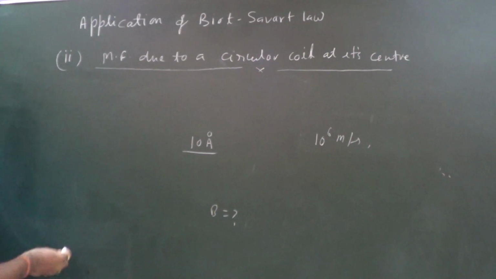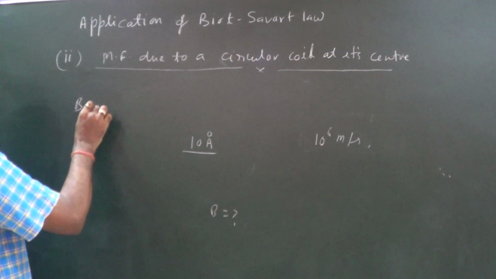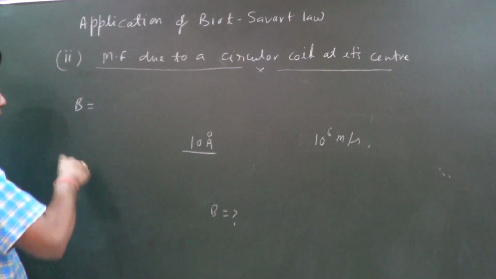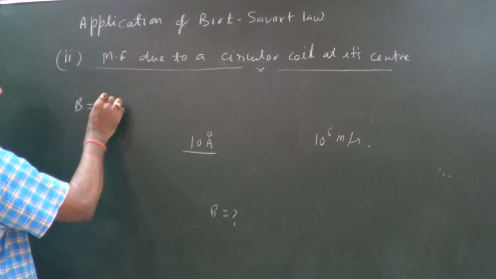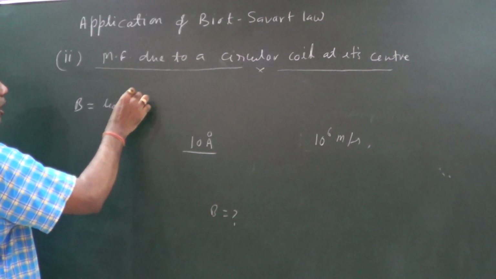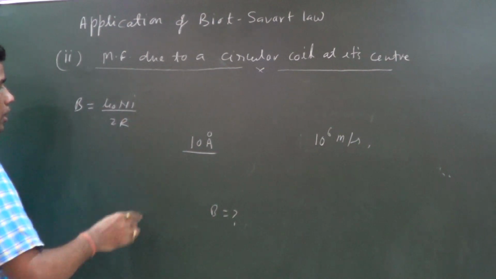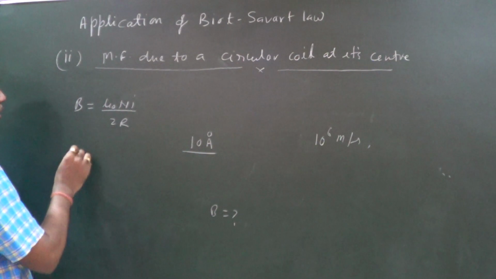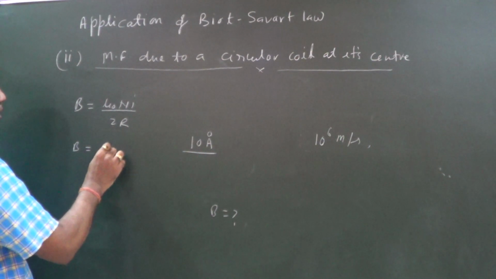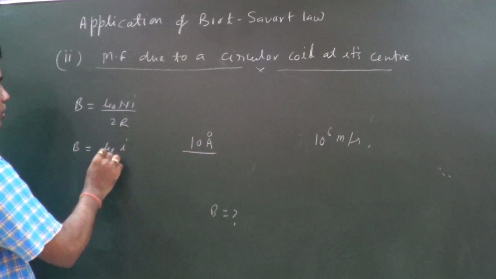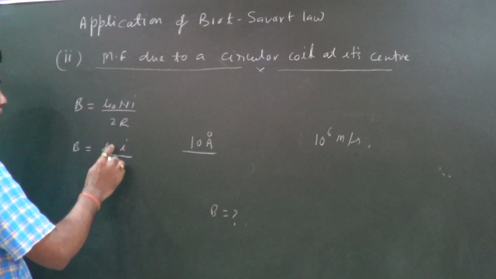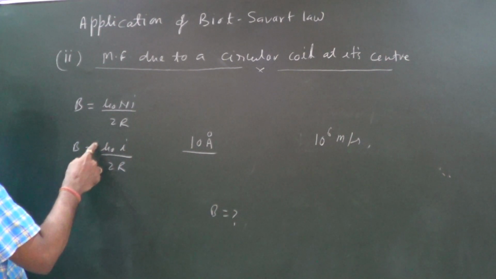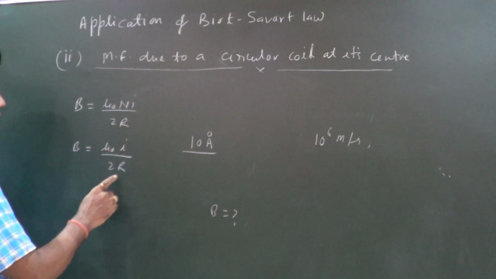According to the formula which I derived, the magnetic field at the center of a circular coil is given by B equal to mu naught N I by 2R. In this case there is no number of turns, so we will take N equal to 1. So B can be written as mu naught I by 2R. B is the magnetic field, mu naught is the permeability of free space, I is current, and R is the radius.